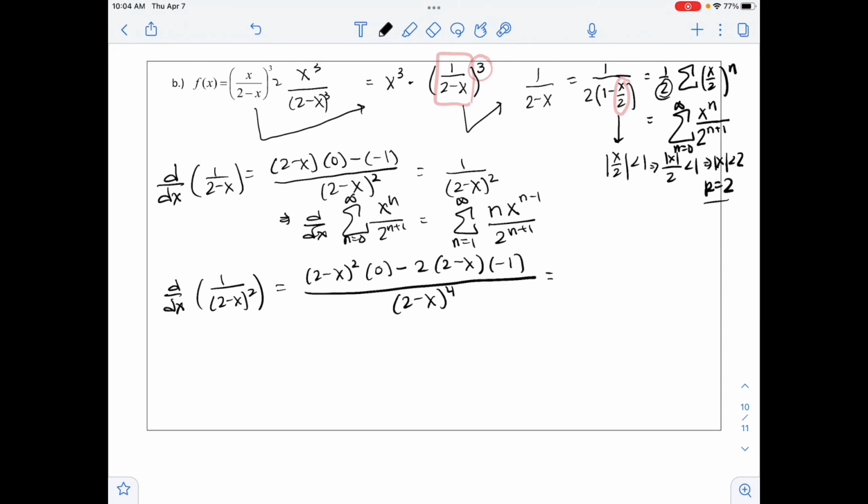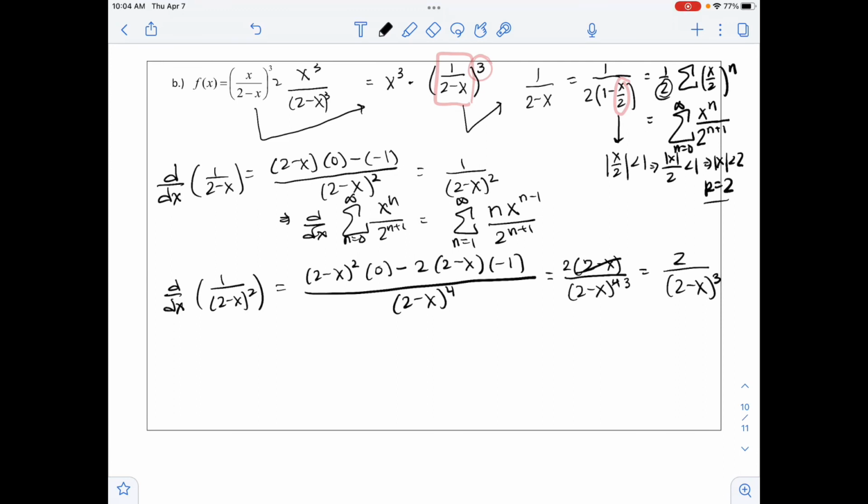And this is going to simplify to 2 times 2 minus x all over 2 minus x to the fourth. One of the terms 2 minus x would cancel, and we would arrive at 2 over 2 minus x to the third power.